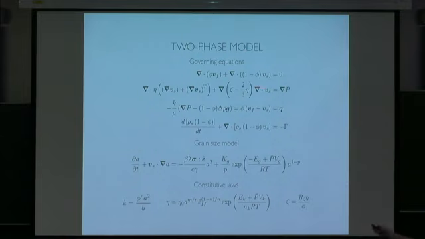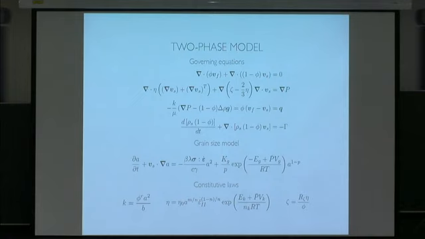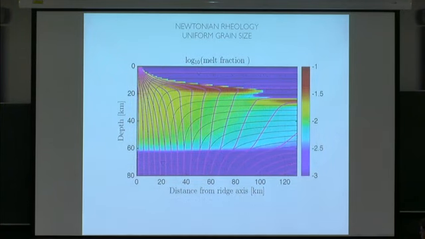I should probably say also that in these models I'm going to show you, there's no buoyancy inside the Stokes equation, so it's purely passively driven. Given a Newtonian rheology, so there's no strain rate dependency and no grain size dependency in the rheology, and we assume a uniform grain size, we get a very similar picture to what was shown at the beginning of the talk.